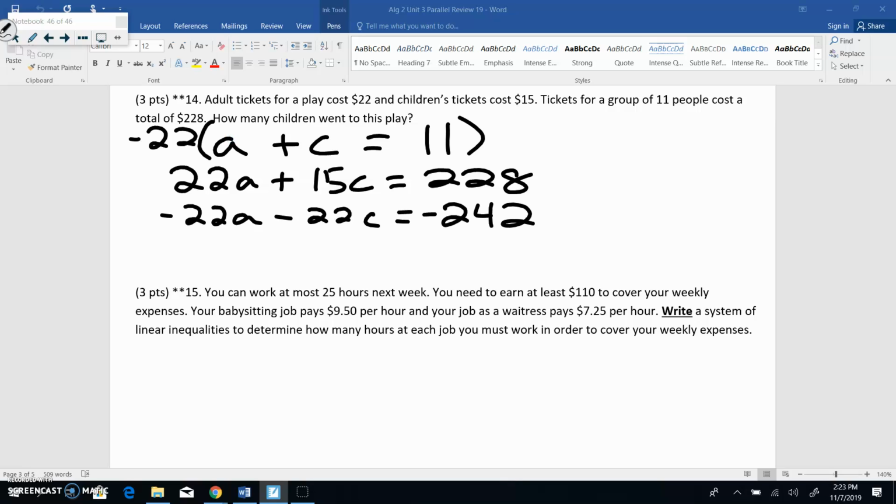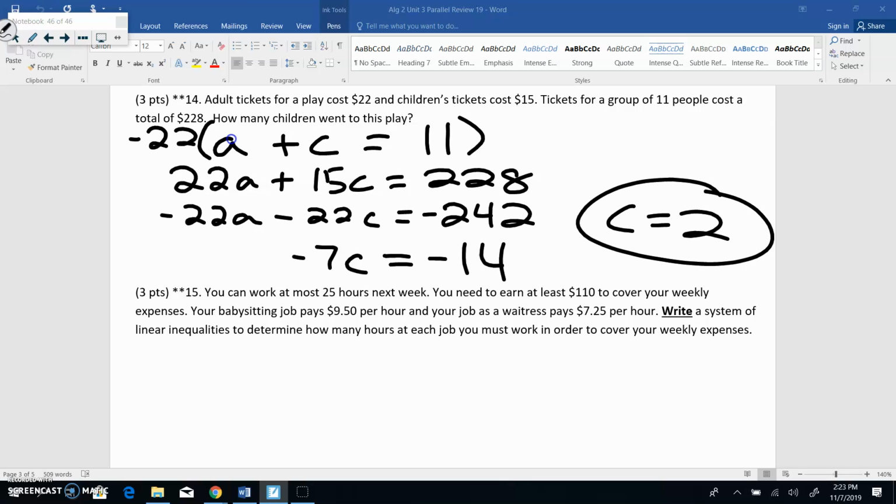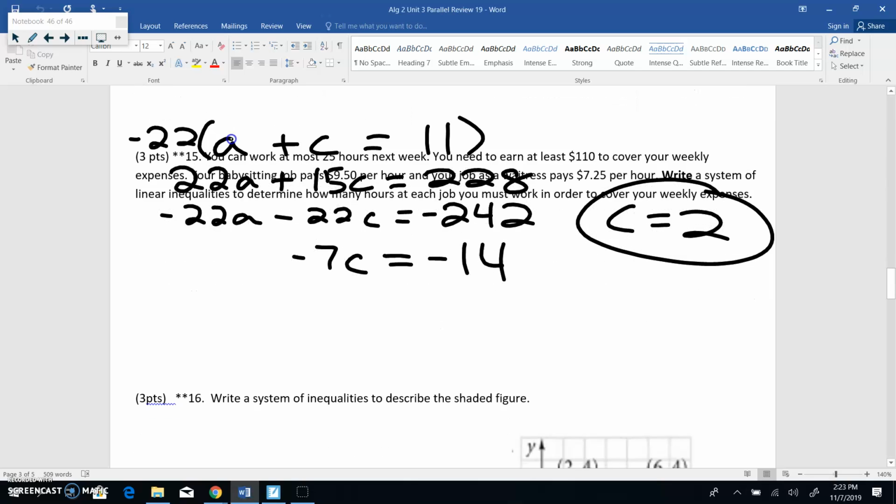I add my lines straight down. 22 minus 22 gives me 0, there's my elimination. 15 minus 22 gives me negative 7, and 228 minus 242 gives me negative 14, which tells me that exactly 2 children went to this play. Cool, moving on.